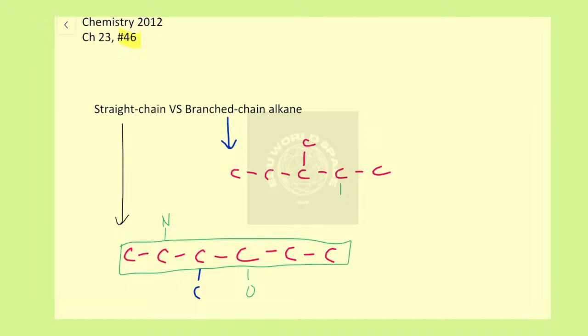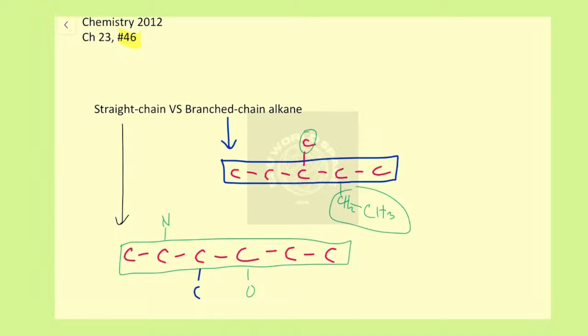As long as there's a carbon that is outside this main chain, right? So here we see a carbon and another carbon right here. That would be a branched chain alkane.